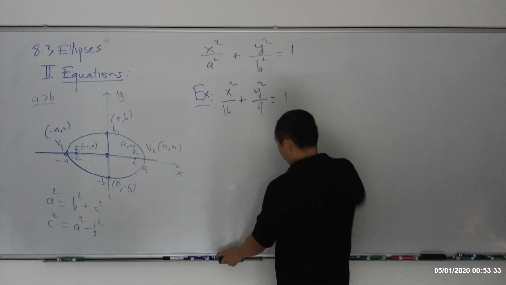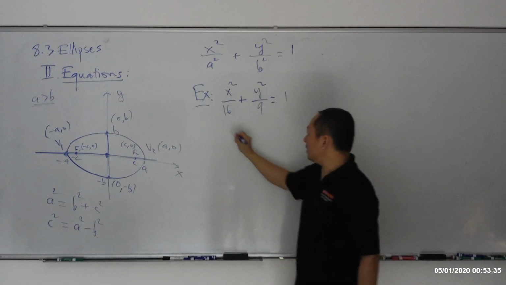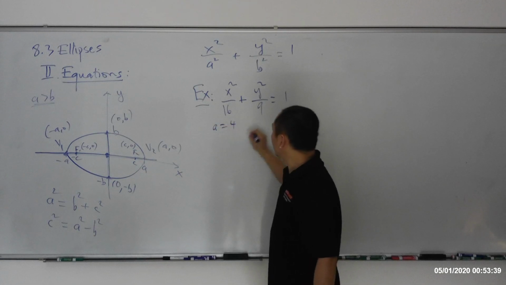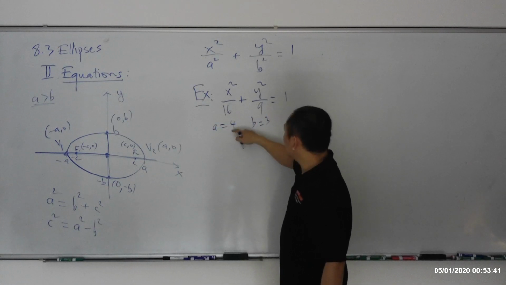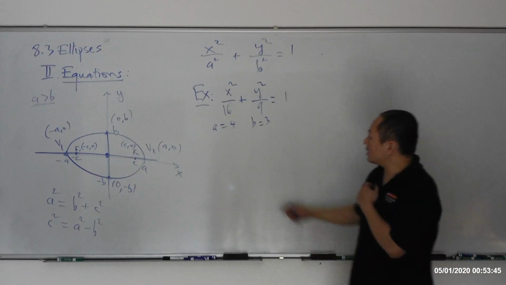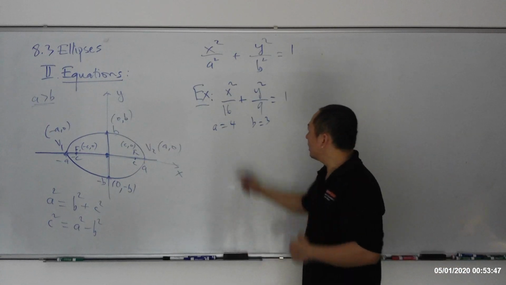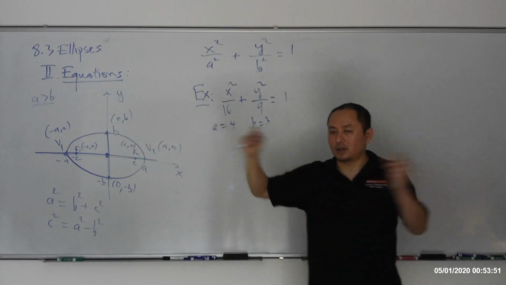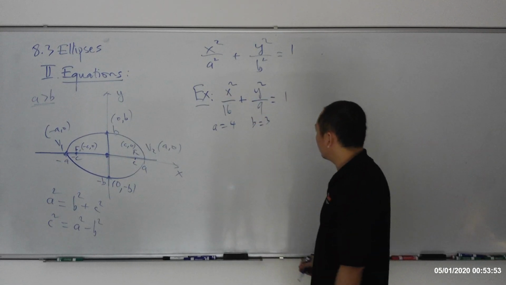So in this example I'm giving you an equation for the ellipse where A equals 4 and B equals 3, because 4 squared is 16 and 3 squared is 9. Obviously A is bigger than B, so the value that goes with X is bigger than the value that goes with Y. X is going to be longer than Y, so we have the horizontal ellipse.